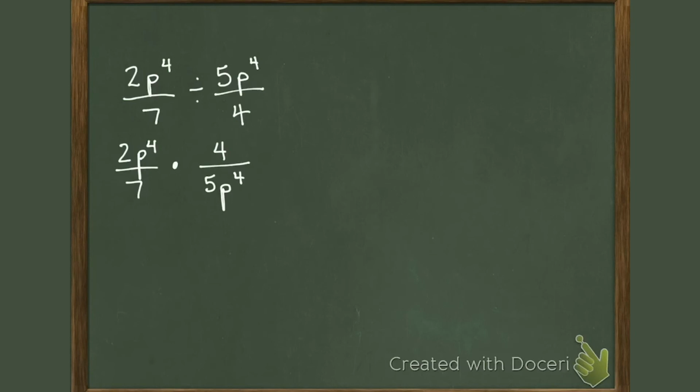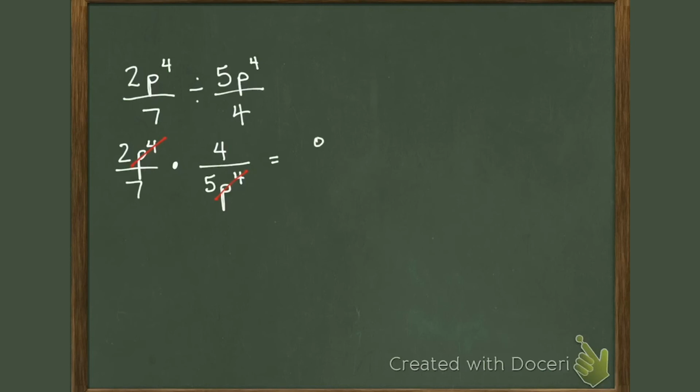Now we multiply. Any of those numbers, 2 over 7 doesn't reduce, 4 over 5 doesn't reduce, 2 over 5 doesn't reduce, and 4 over 7 doesn't reduce, so I can't change the numbers at all. But what about the letters? There are 4 P's here and 4 P's here. They cancel out.